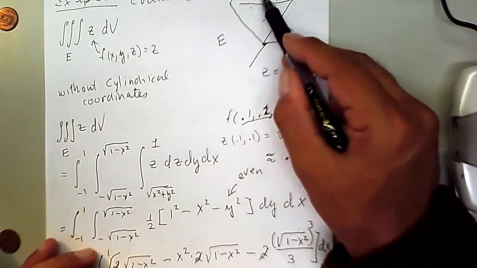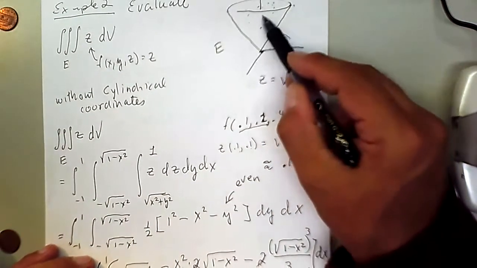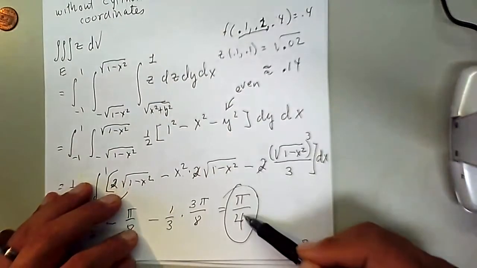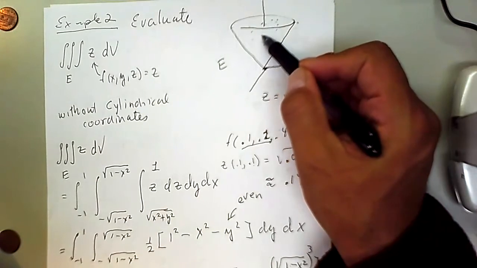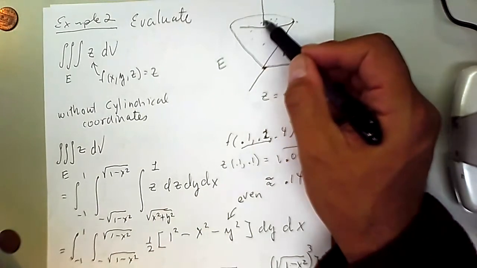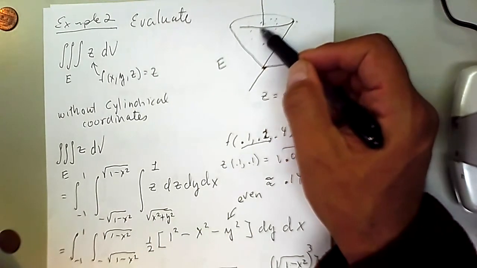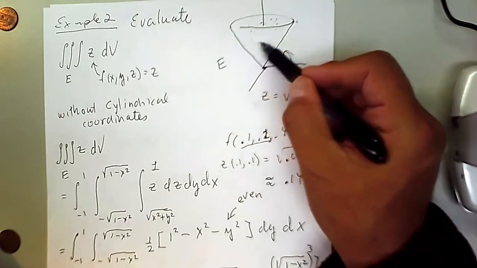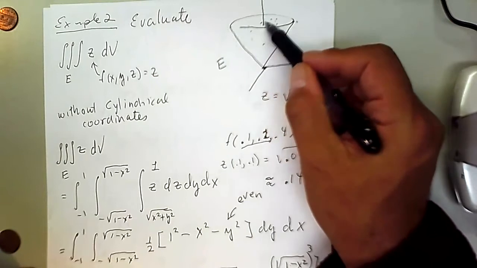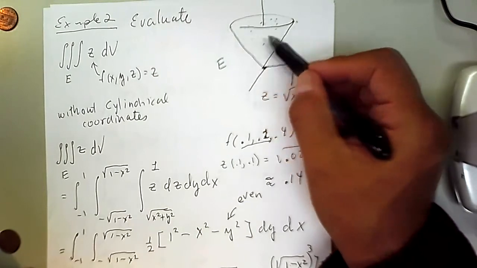So pi over 3 is the volume of this, so this gets knocked down by a little bit, which makes sense, because it's not going to go down by a lot, because most of the points are going to be close to 1, under 1, but close to 1.